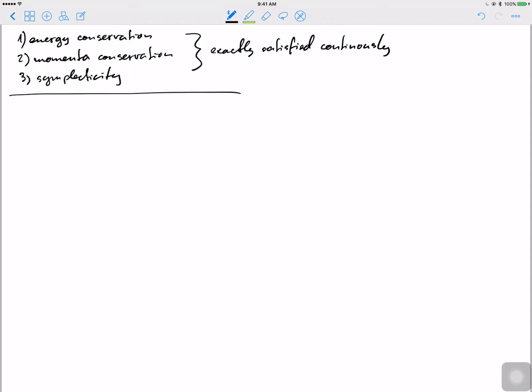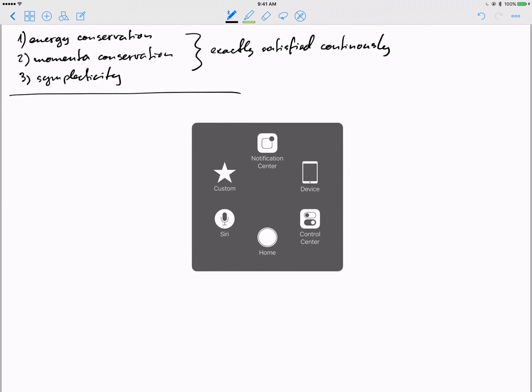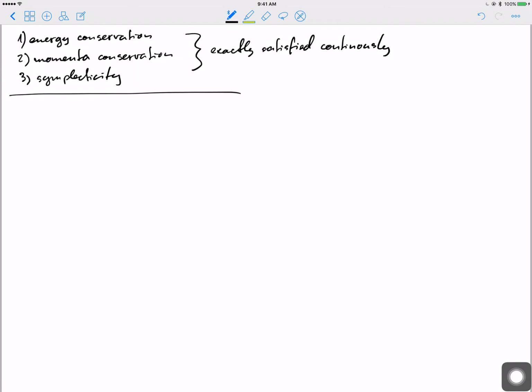So what does it mean satisfying these properties discretely? For energy and momentum conservation, these two things are first integrals, right? That's the formalism of first integrals.